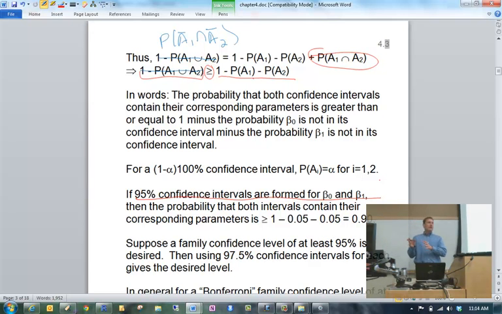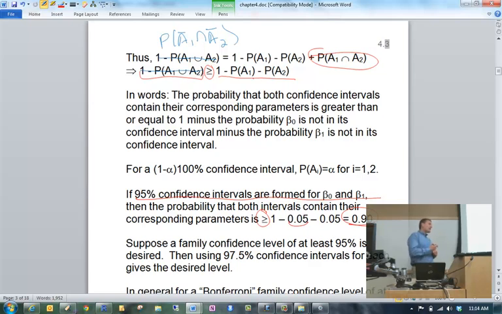Then what that means is the probability that both intervals are working is at least 1 minus 0.05 minus 0.05. In other words, 0.9. So my family confidence level is at least 90% if I use 95% confidence intervals. So in other words, I get a lower bound. It could be a lot higher, but I know it's at least 90%.